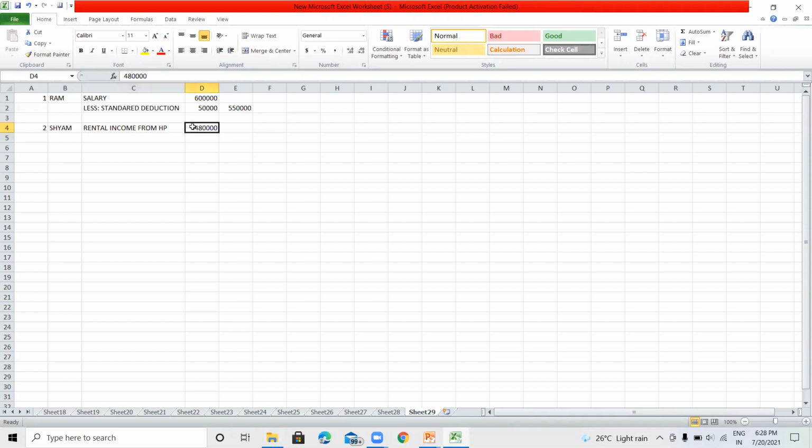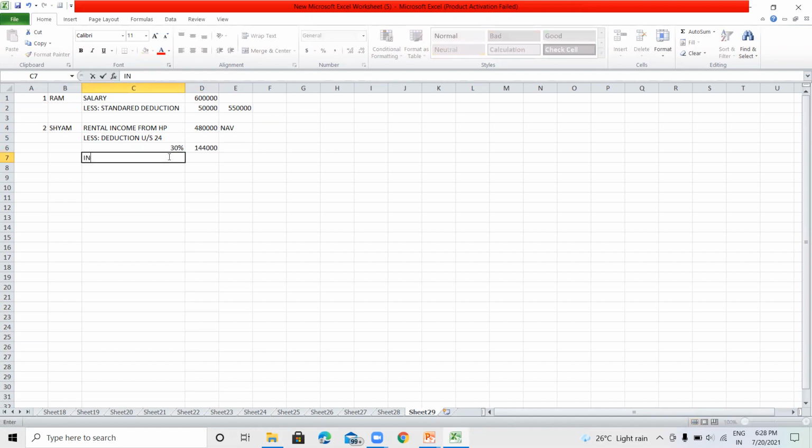The total 4,80,000 will not be taxable. It means the amount which arises after providing the deduction. We will consider that 4,80,000 is the amount of NAV, net annual value. Now we will provide deduction under section 24. Number one, 30% standard deduction, so it will be 4,80,000 into 30%.